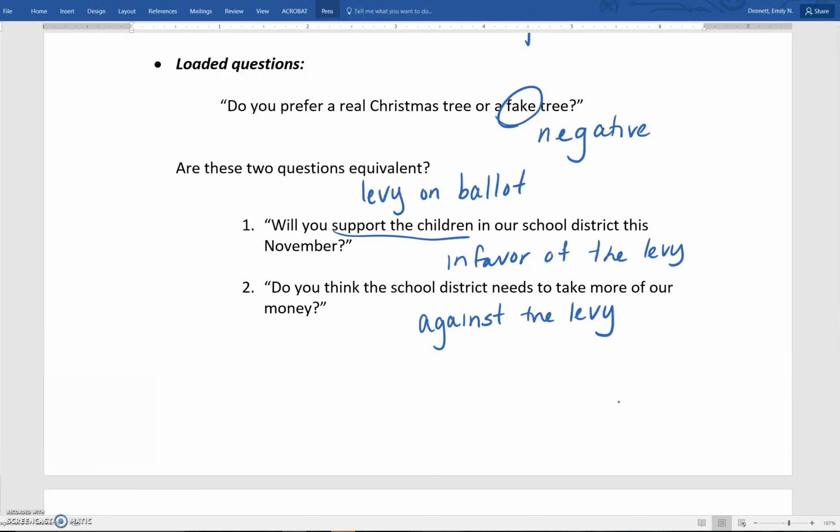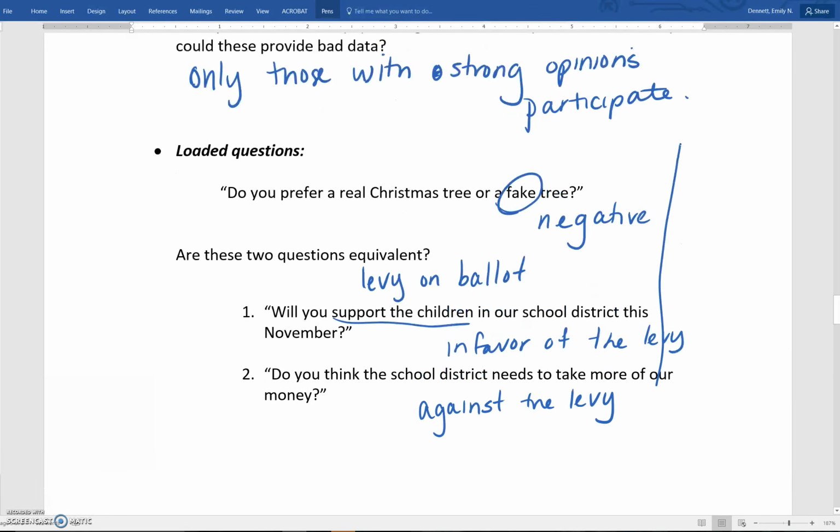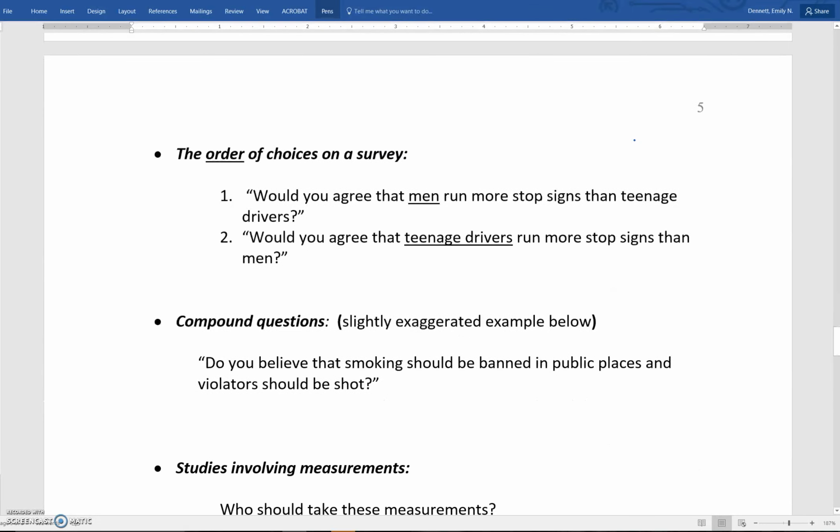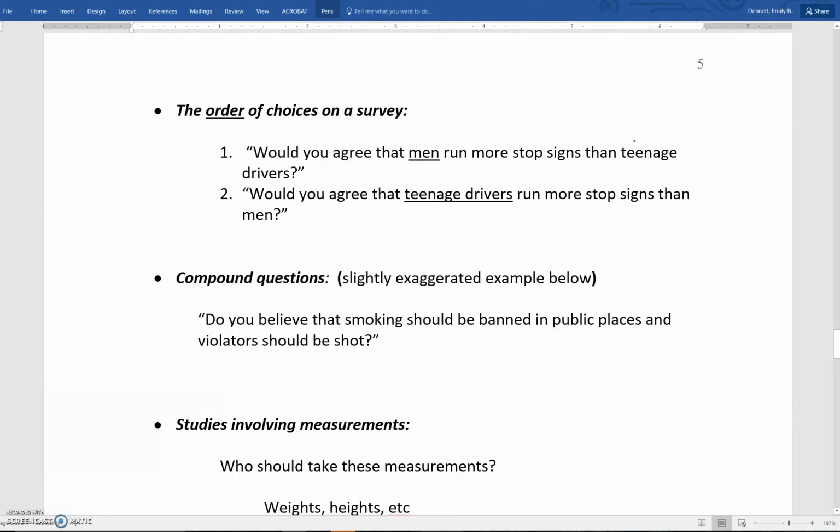Okay, even the order in which you ask the questions can have an effect. So these two questions are asking the same thing. Would you agree that men run more stop signs than teenage drivers? Or would you agree that teenage drivers run more stop signs than men?